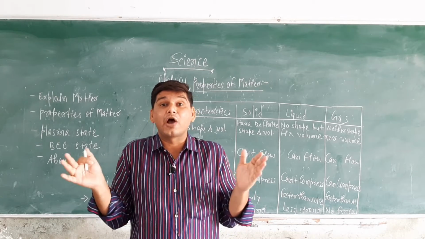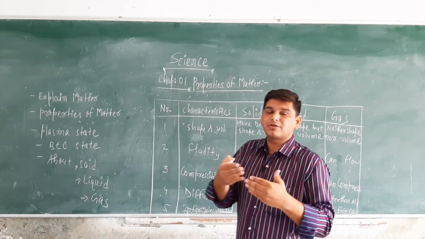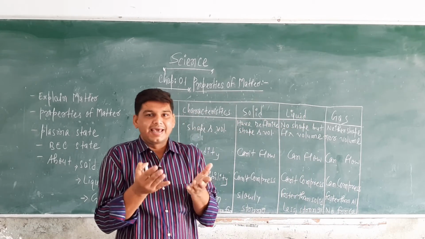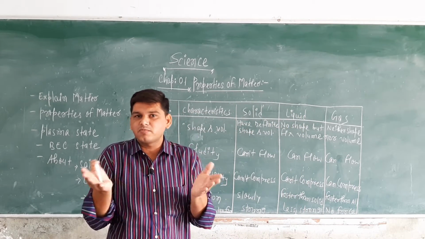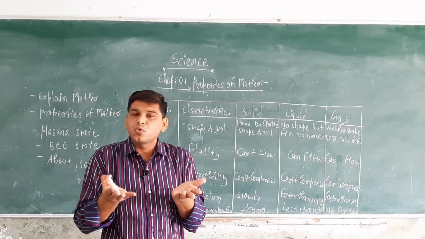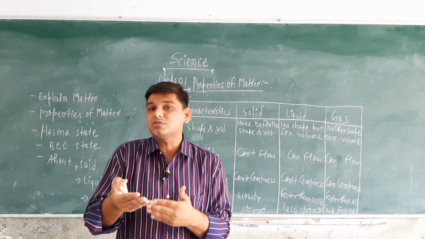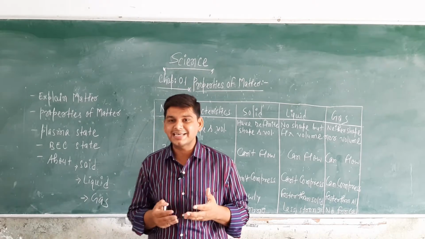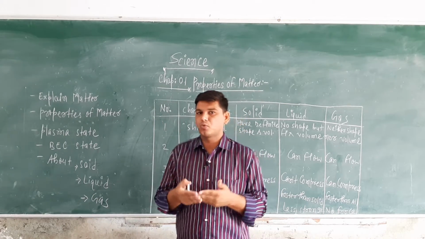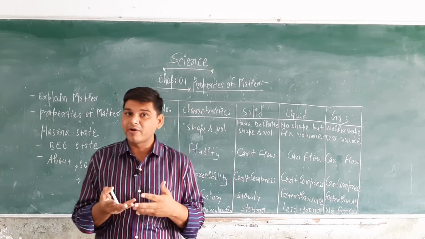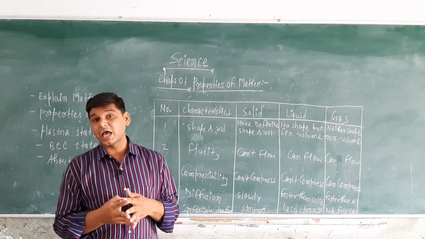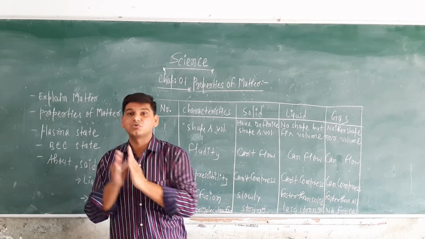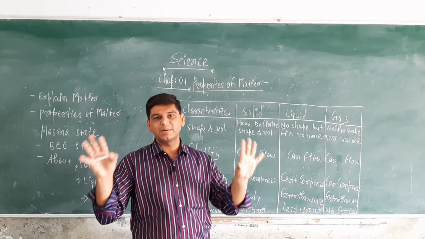Gas is a mixture of more than one gas. So when you provide the heat, the molecules of the gases are ionized and acquire electrical charge and are converted into the plasma state. That is generally the plasma state.